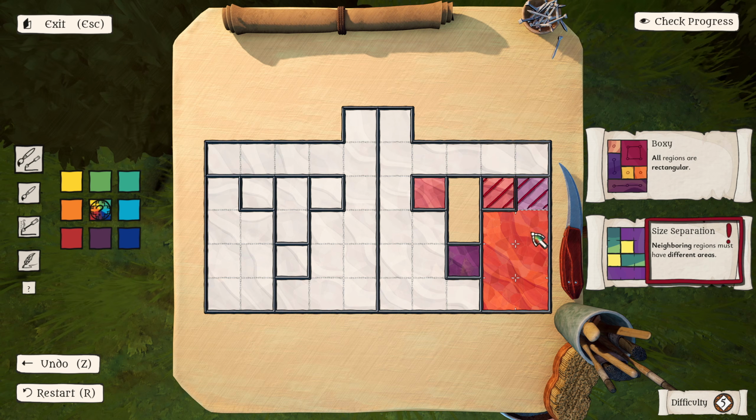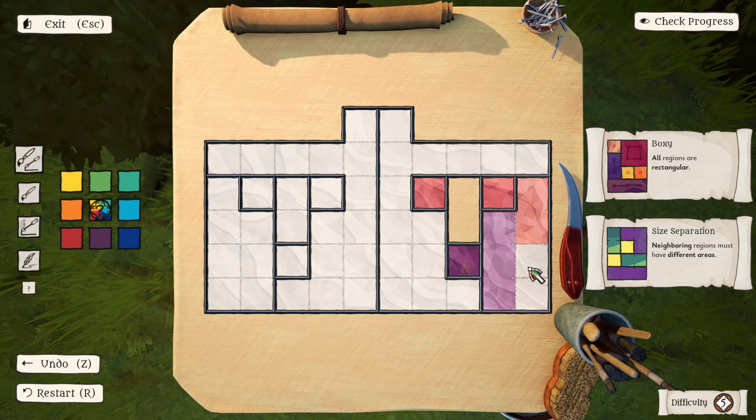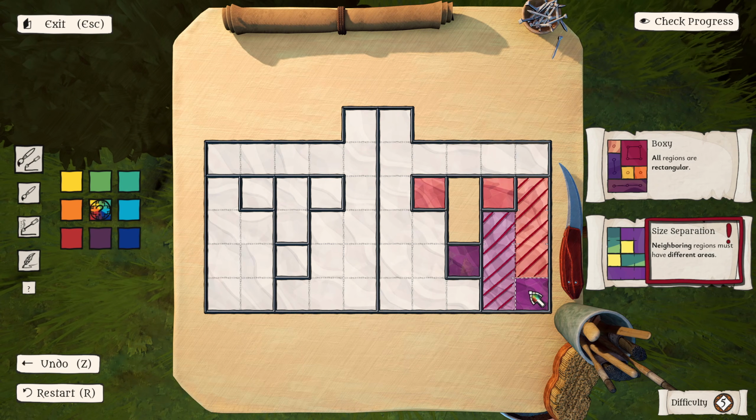We can't do like a 1 and a 6. We can't do a 1 and 2 and a 4. We can't do a 4 and a 1 and a 1. We can't do a 3 and a 1.